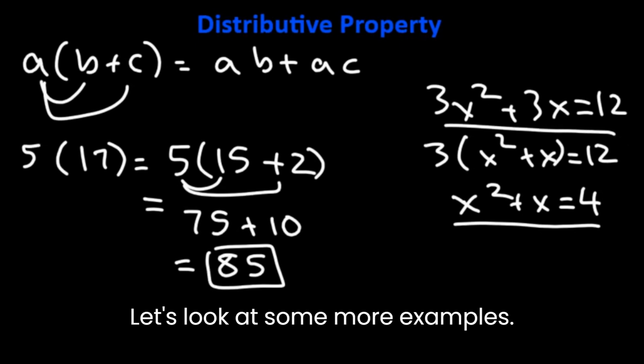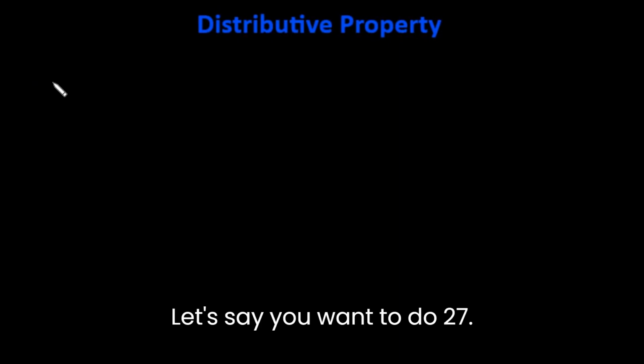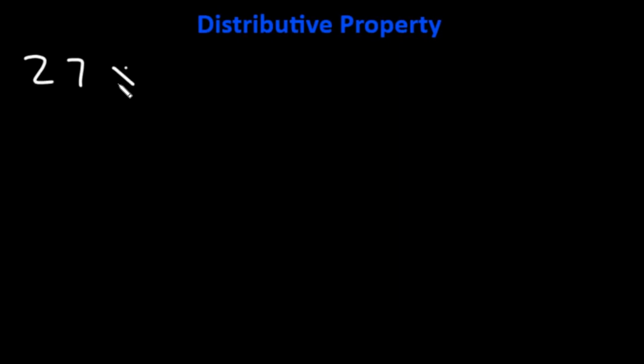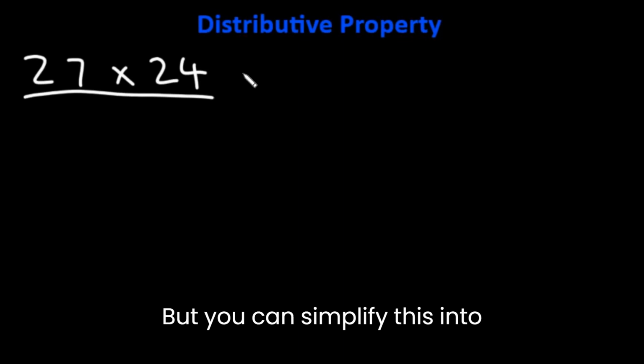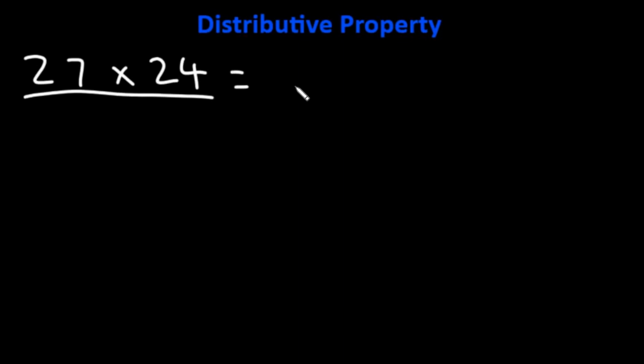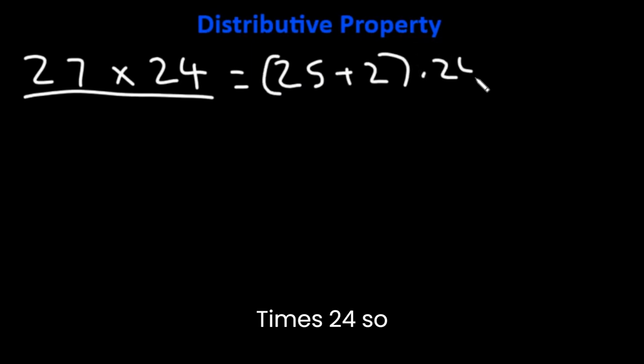Well, let's look at some more examples. Let's say you want to do 27 times 24. This can be extremely complicated, but you can simplify this into 25 plus 2 times 24.